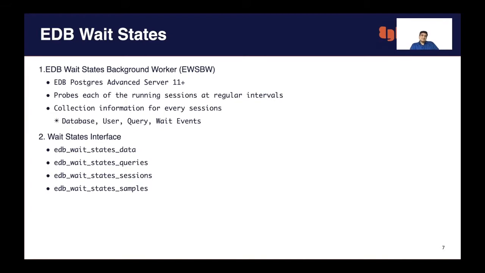Postgres Advanced Server 11 plus. What it does is run as a background process, and it continuously probes each and every regularly running session and collects the wait events: what is the database, what is the user, which query it was running, and what wait events were happening during the query execution.